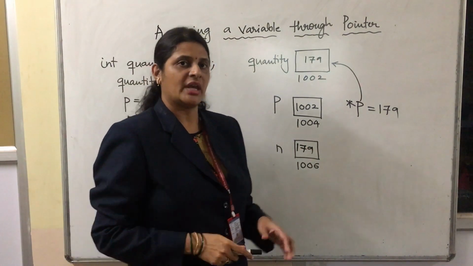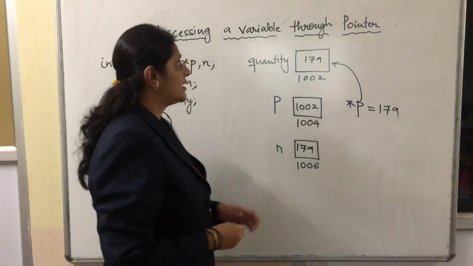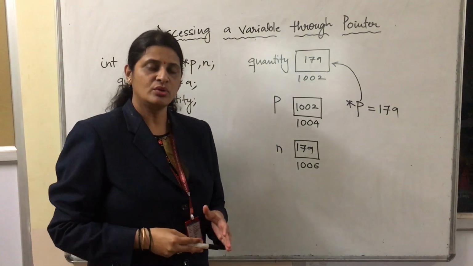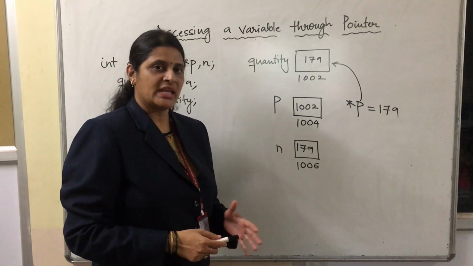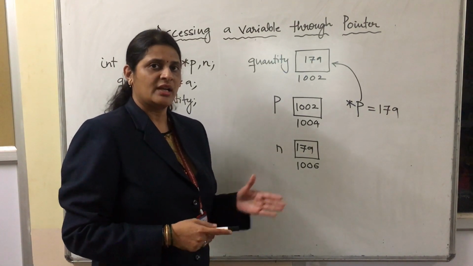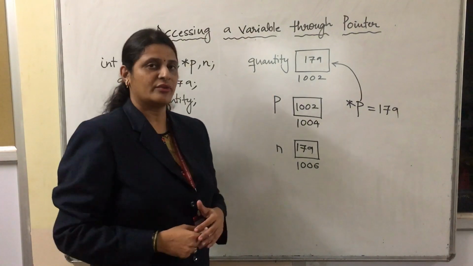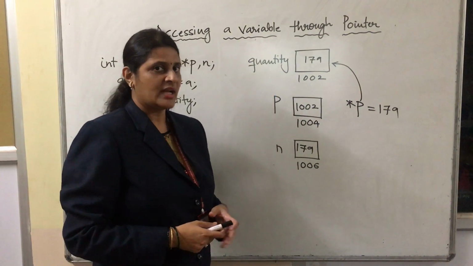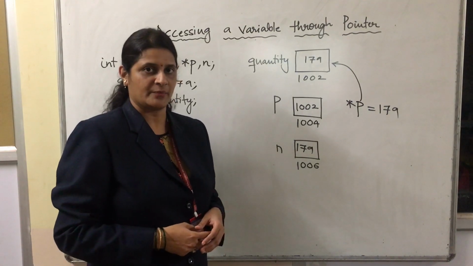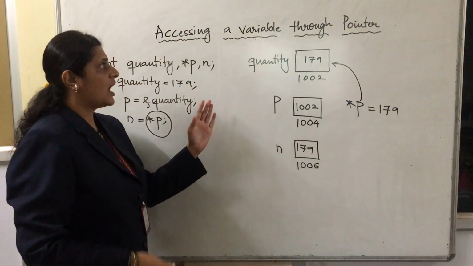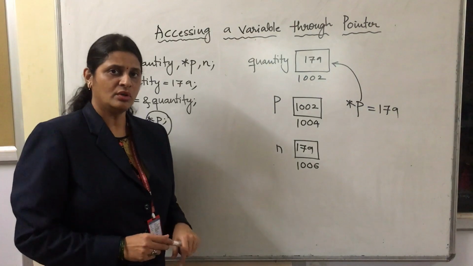This is how we access a normal variable's value through the pointer. That is, by using the indirection operator, we access the value of a variable through a pointer, and we can also call this operator the dereferencing operator. So this is all about how we access a variable through a pointer.